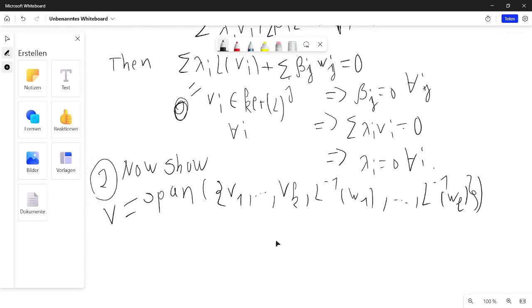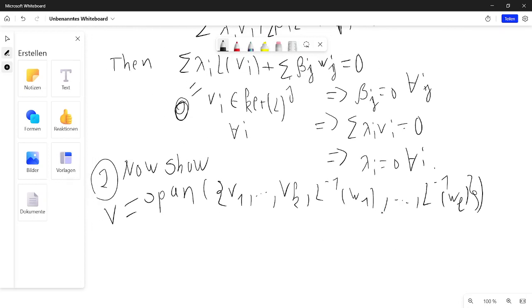Well, that's again quite easy. Let v be an element of V, then, yeah, good enough.